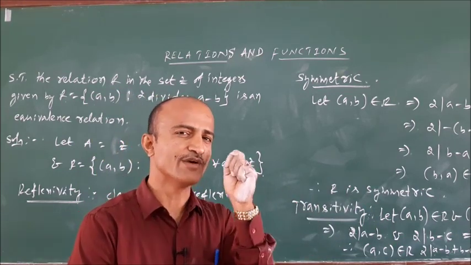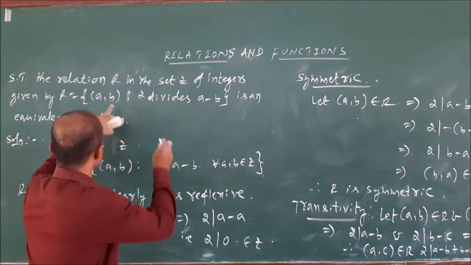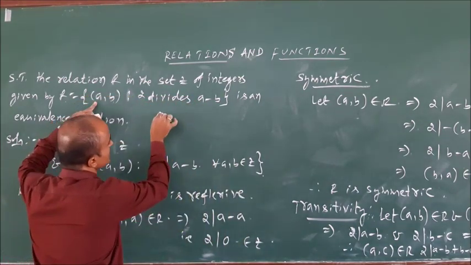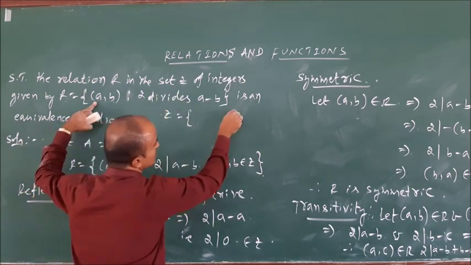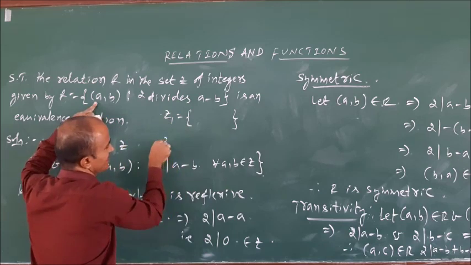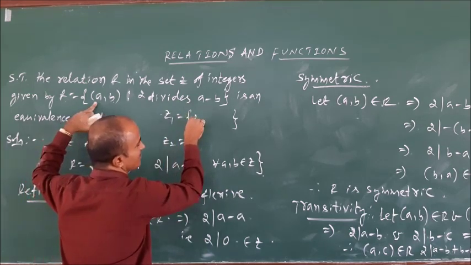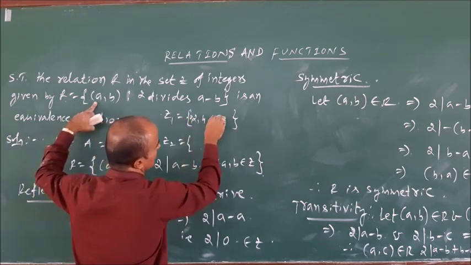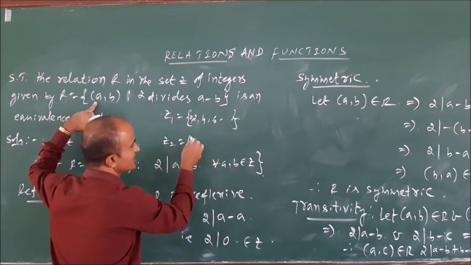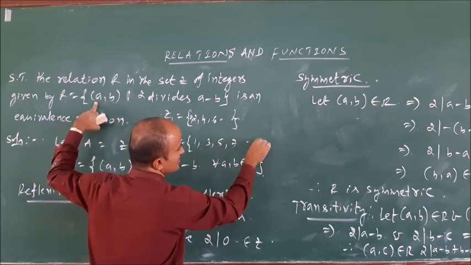Here is one more very important concept in this example. In Z we can consider two subsets of Z, say Z1 and Z2, where Z1 is the set of all even numbers, 0, plus or minus 2, plus or minus 4, 6 and so on, and Z2 is the set of all odd numbers 1, 3, 5, 7 and so on.